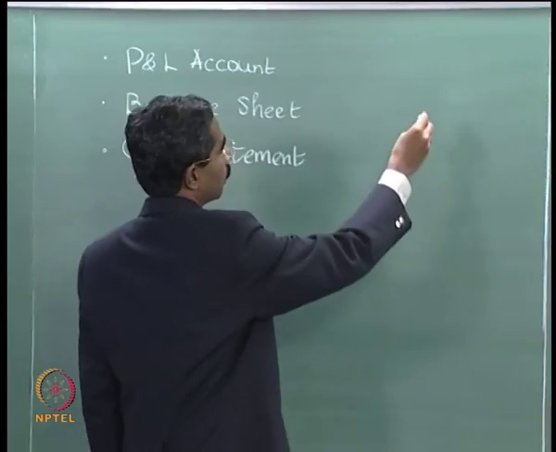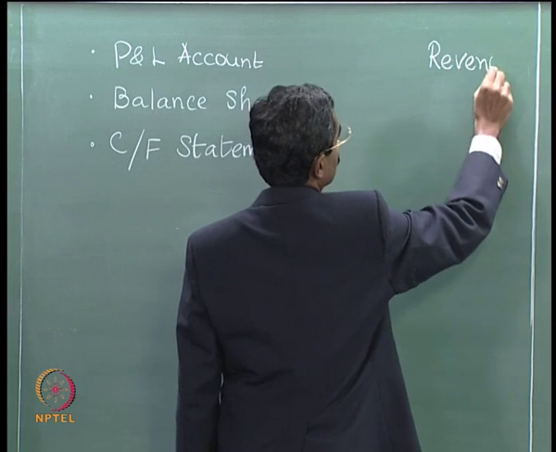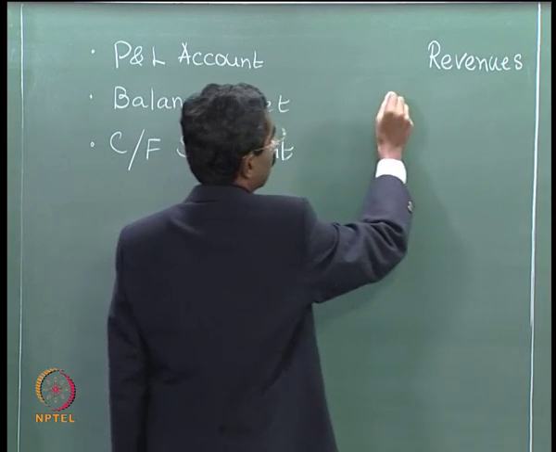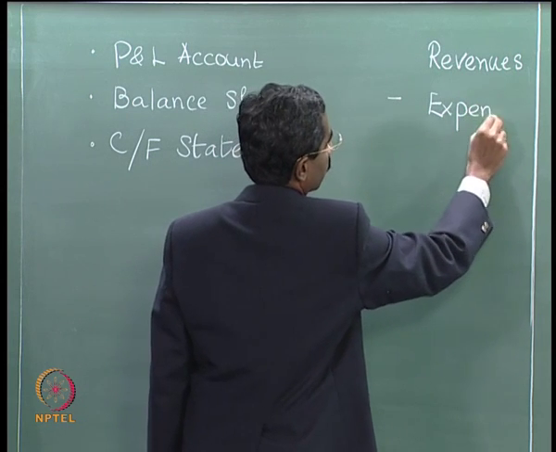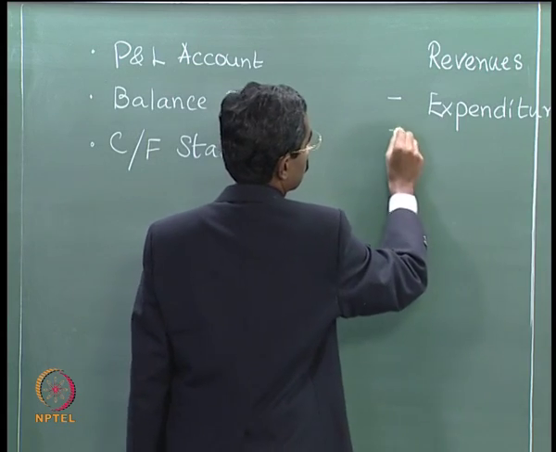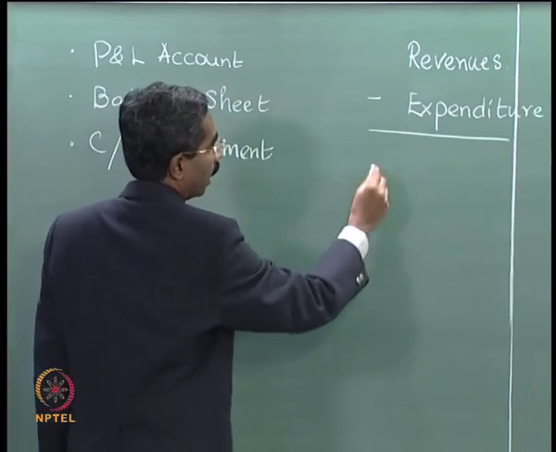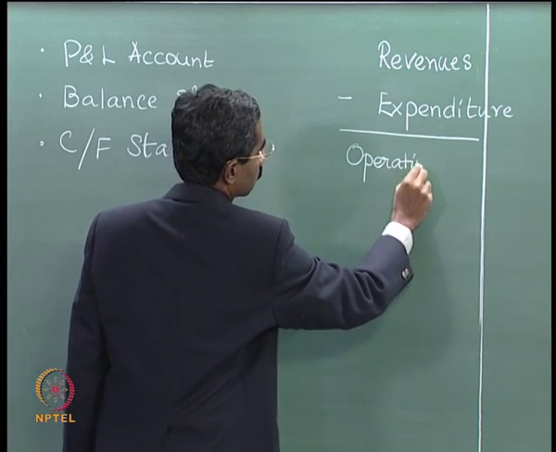In the profit and loss account we broadly looked at the revenues, and then the company had expenditures in producing these revenues, and then we had what is called your operating margin.